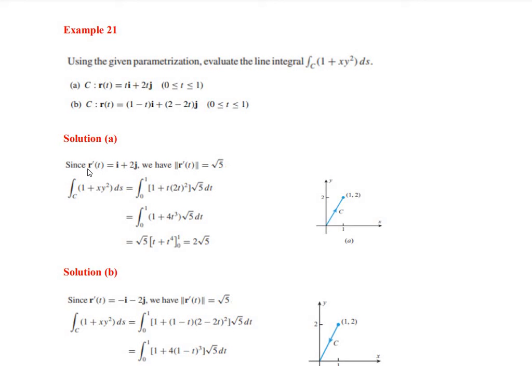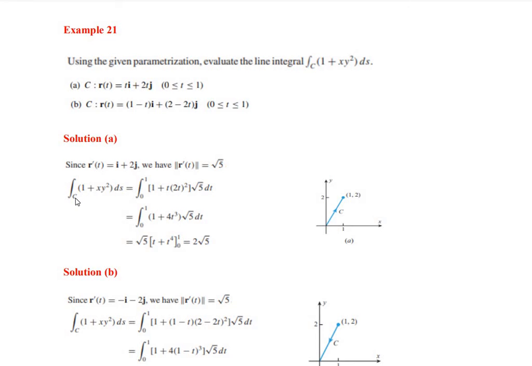Since r dash of t is equal to 1 i cap plus 2 j cap, then norm of vector r dash of t is equal to root 5. So root of 1 square plus 2 square, that will give you root 5.